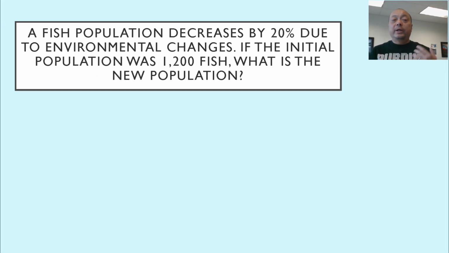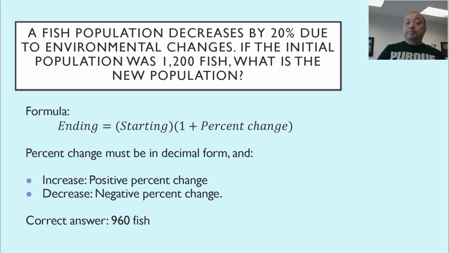Let me leave you now with another type of question. Try and see if you can get the right answer. A fish population decreases by 20% due to environmental changes. If the initial population was 1,200 fish, what is the new population? The formula is ending value equals starting value times parentheses 1 plus percent change.